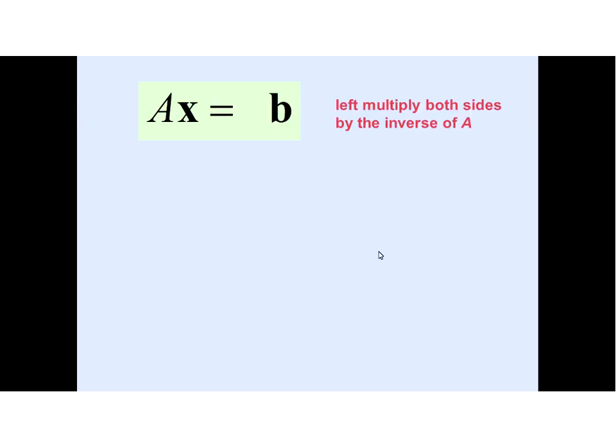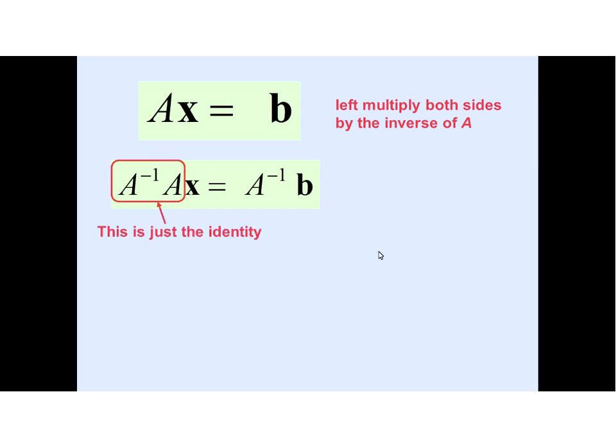Now Ax is equal to b. So left multiply both sides by the inverse of A. Then what do we get? A inverse into A is equal to identity, and identity x is equal to A inverse b. A inverse A is just the identity, so we get identity of x is equal to A inverse b.